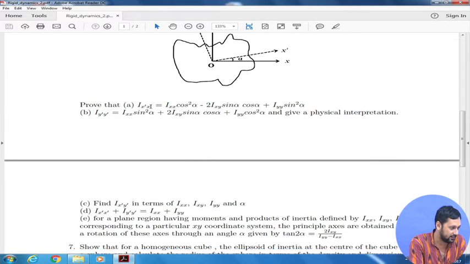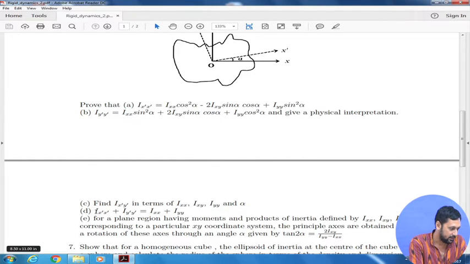Just add the expression of Ixx' and Iyy', and what you will see is the 2 Ixy sin alpha cos alpha terms cancel out from these two expressions, which leaves us with Ixx (cos square alpha plus sin square alpha) plus Iyy (cos square alpha plus sin square alpha), which both will give you 1, the sin square alpha plus cos square alpha.